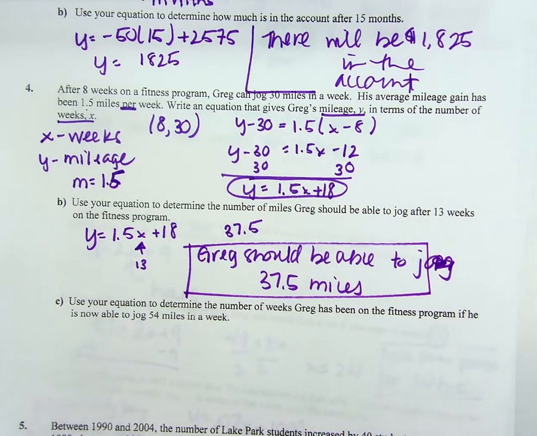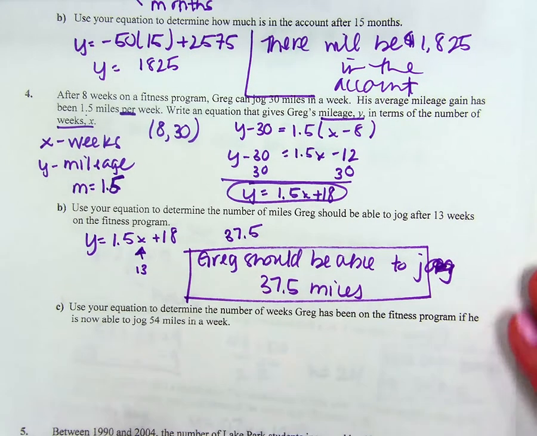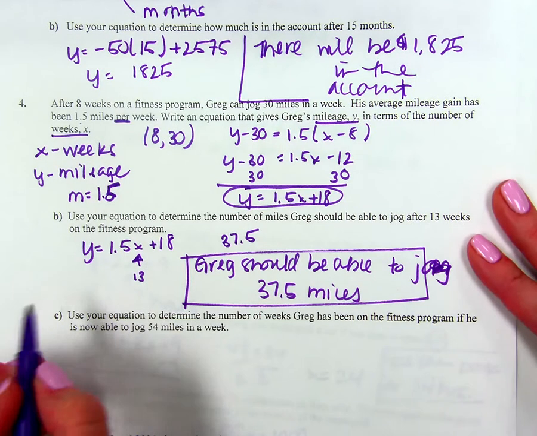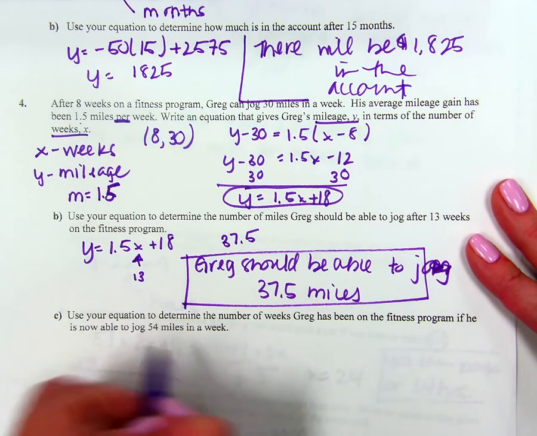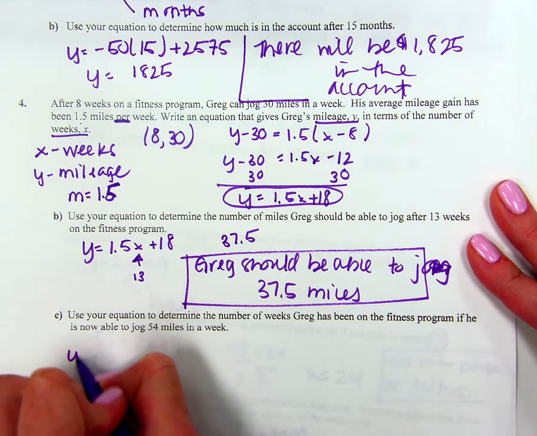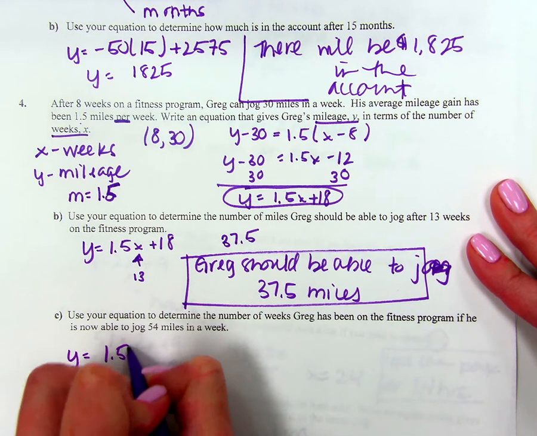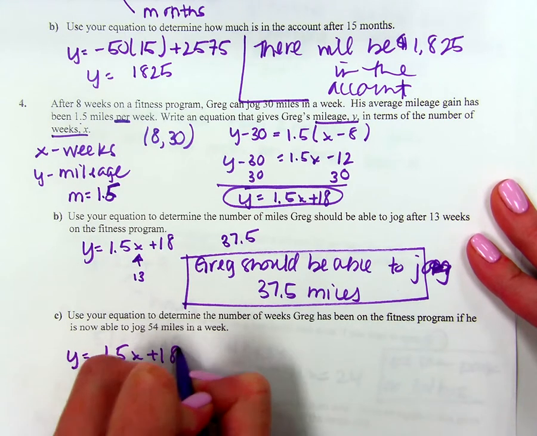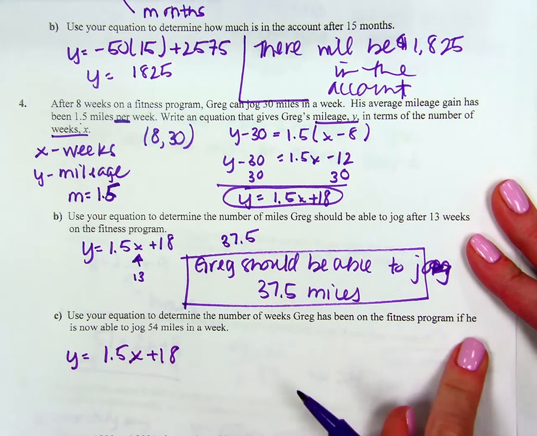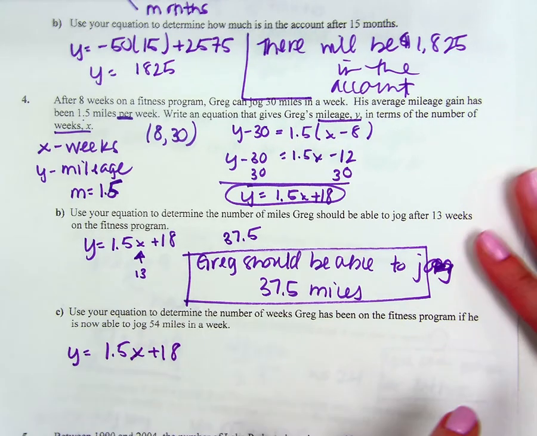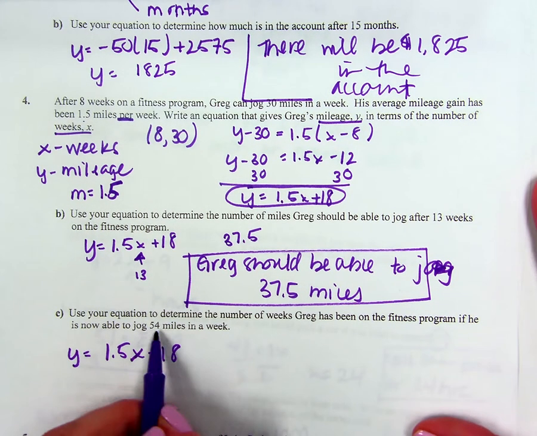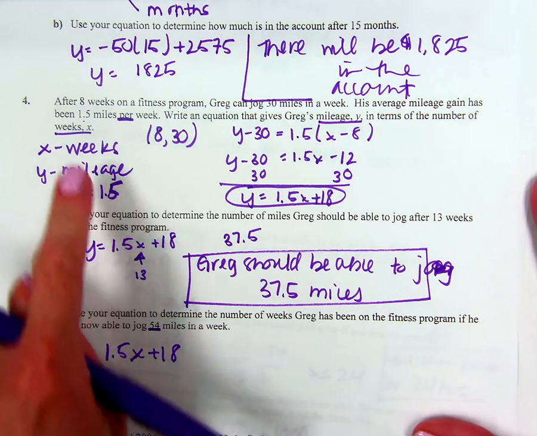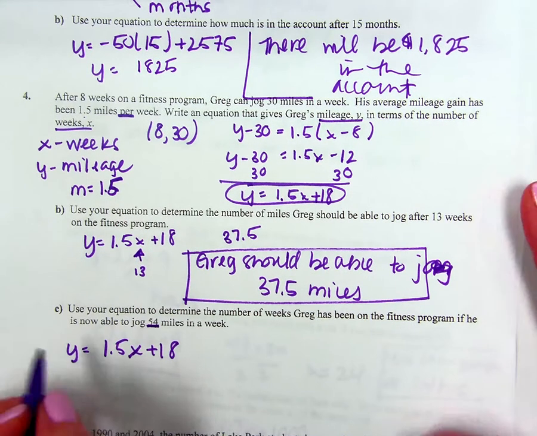So C says, use the equation to determine the number of weeks Greg has been in the fitness program if he is now able to jog 54 miles a week. So we have our equation again, and we are solving for, we have the information given to us, 54 miles in a week. So 54 miles, that's going to go in for our y.